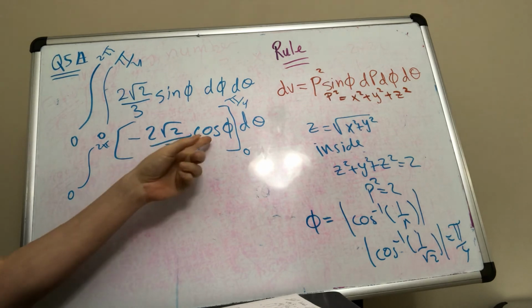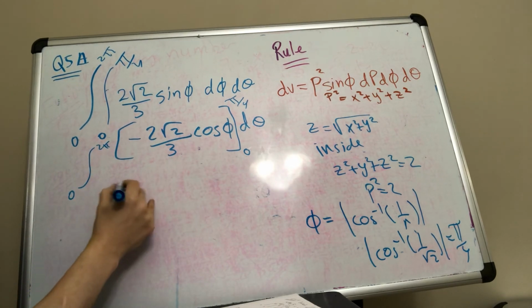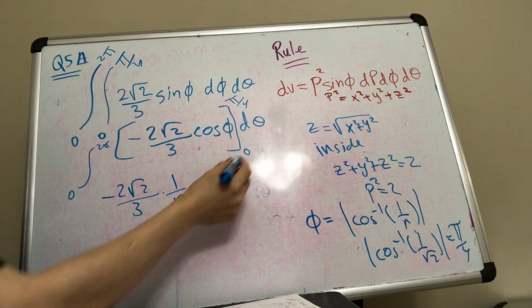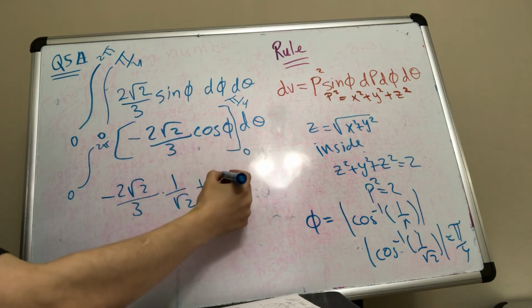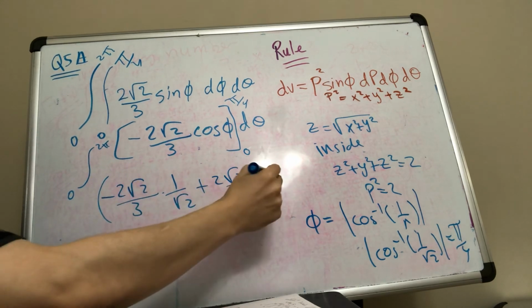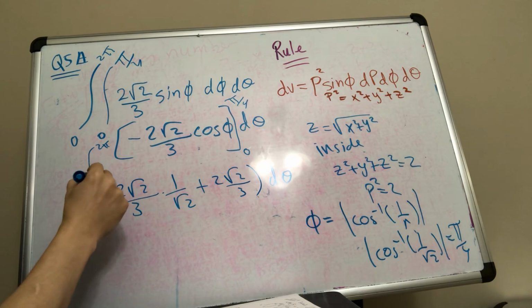Plug in pi over 4, cosine of pi over 4 is 1 over root 2, so you have minus 2 root 2 over 3 times 1 over root 2. Minus minus becomes plus, cosine of 0 is 1. D theta, 0 to 2 pi.